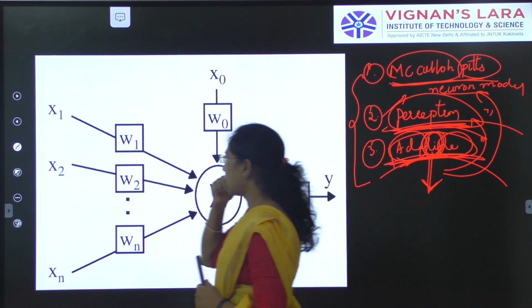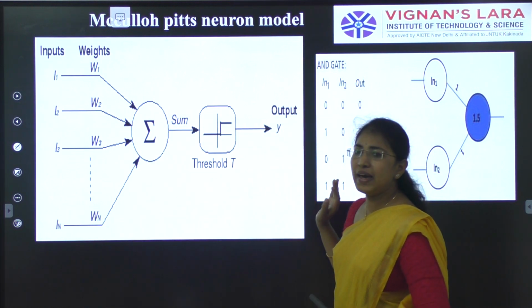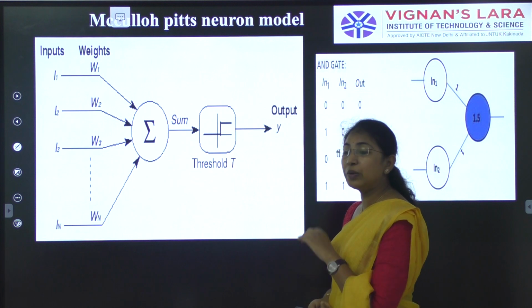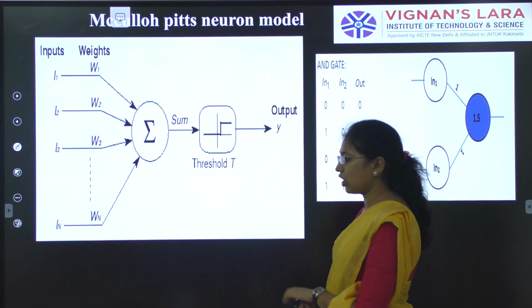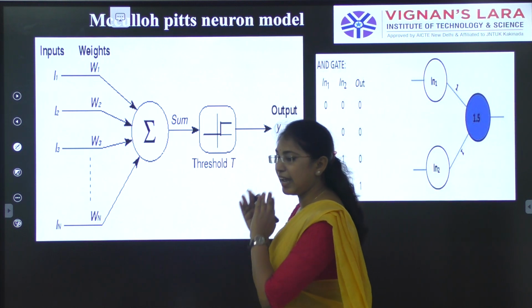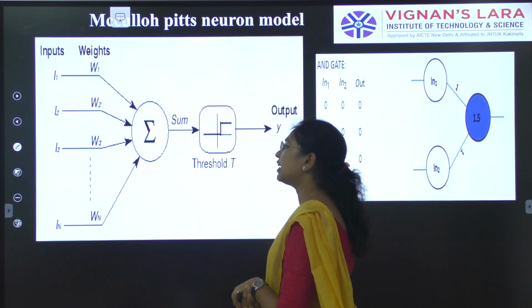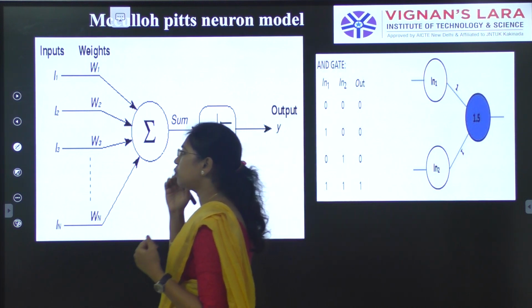So first one is McCulloch-Pitts neuron model. This is the basic structure of McCulloch-Pitts neuron model, designed by two scientists named McCulloch and Pitts. Coming to the elements within this model, it consists of inputs.